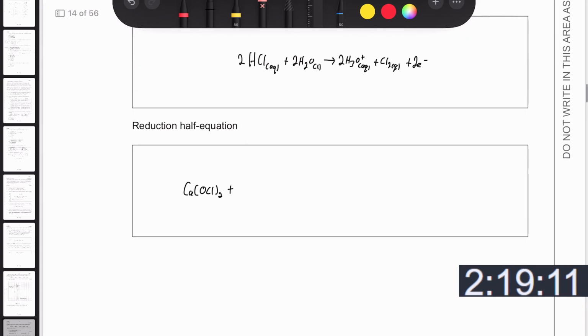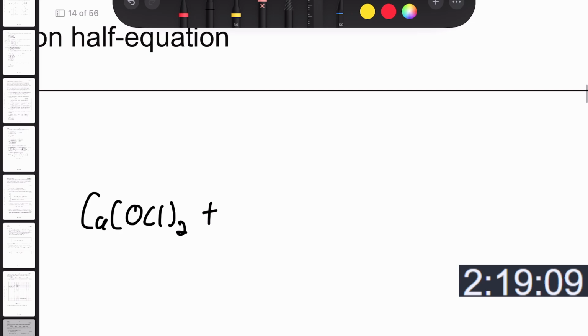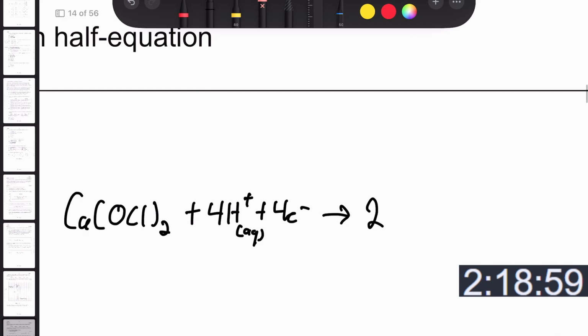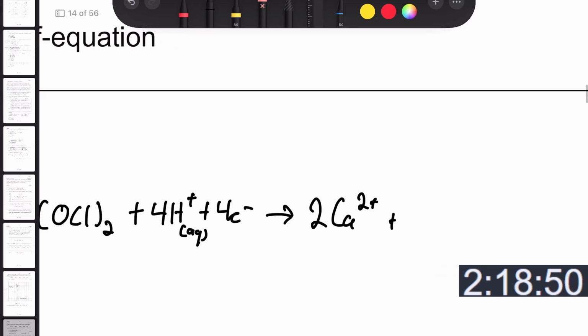Plus, I'm going to say, probably H plus, 4H plus, 4e minus, which produce 2Ca 2 plus, plus 2H, I don't think this is right, guys.